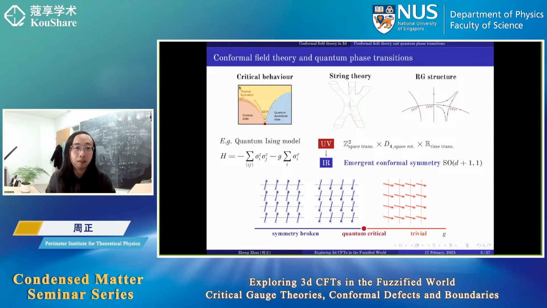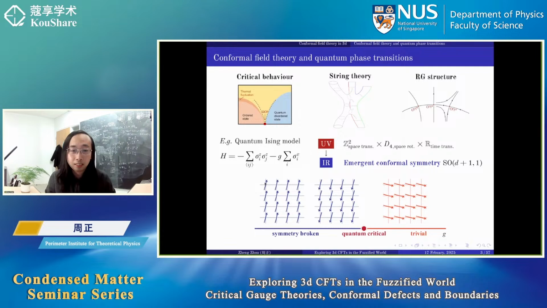Focusing on the critical behavior aspect, one of the simplest examples of a quantum phase transition is the quantum Ising model, where by tuning the transverse field, there is a quantum critical point that spontaneously breaks the Z2 symmetry.